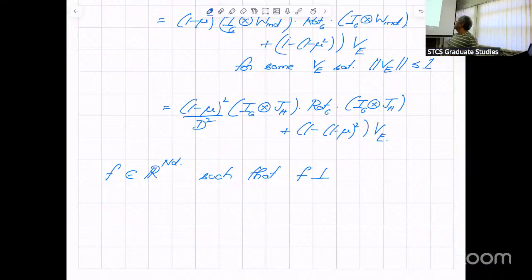Which one? The top one, it's 1 minus 2, B, the constant term with B. It should be 1 minus mu. No, it's 1 minus 1 minus mu whole square, no?